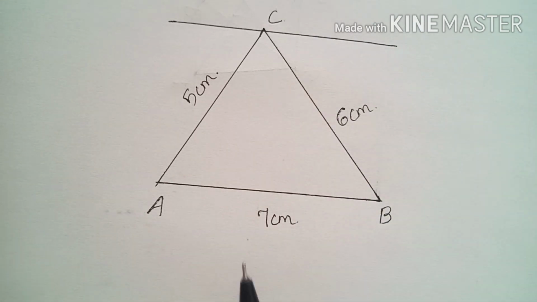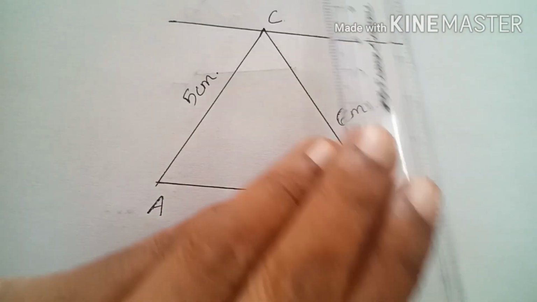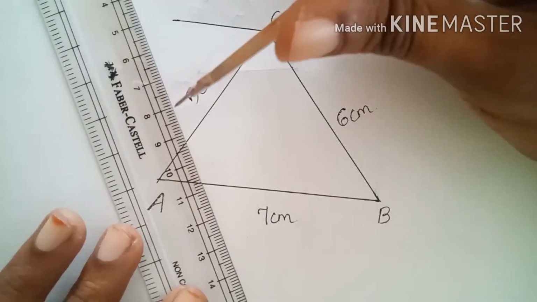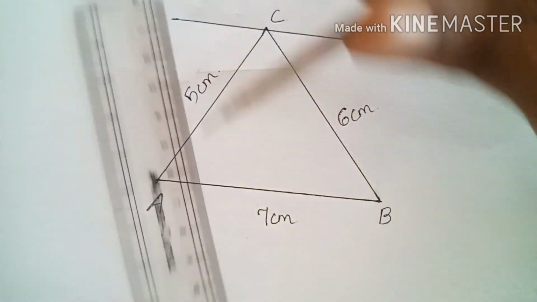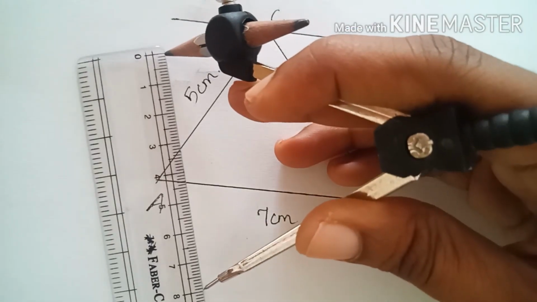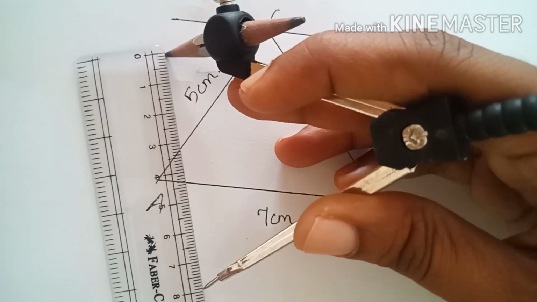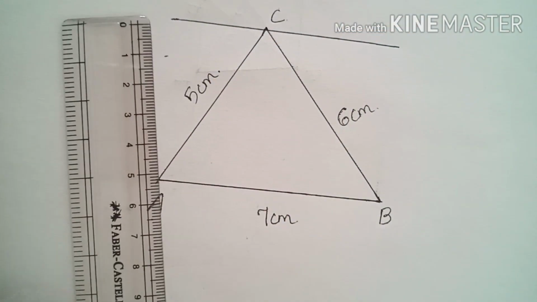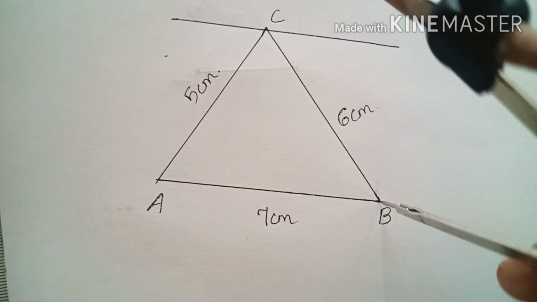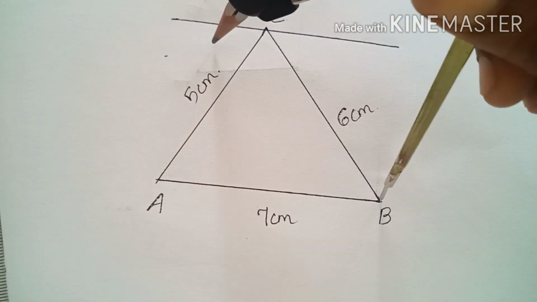Now next is the base, anyway it is 7 cm. So the next will be the 8 cm side. For that, take your compass and measure 8 cm in the compass. Then draw an arc of 8 cm anywhere on this line.